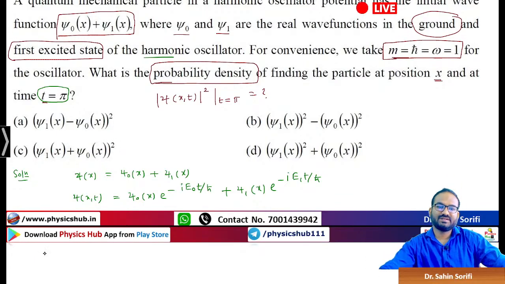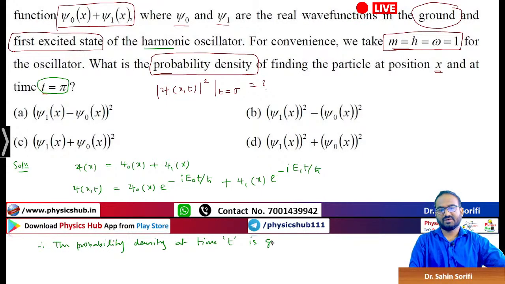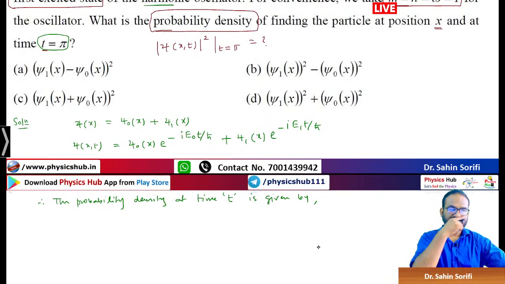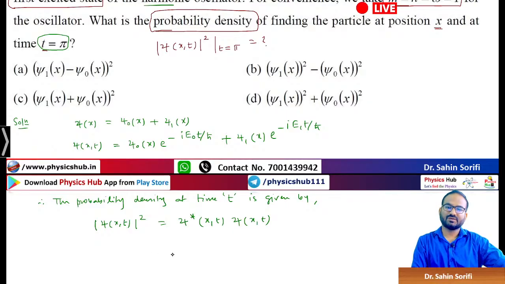So the probability density at time t is given by the square of it, mod psi of x,t square. So this is psi star of x,t times psi of x,t. This is the formula of mod square.